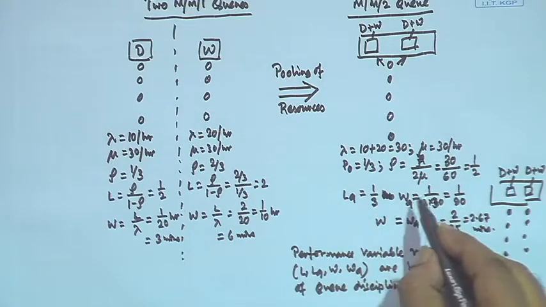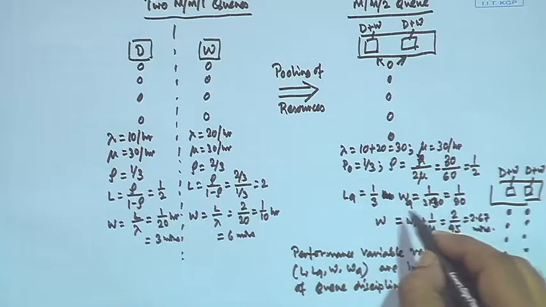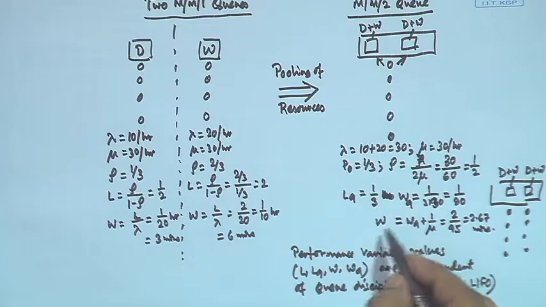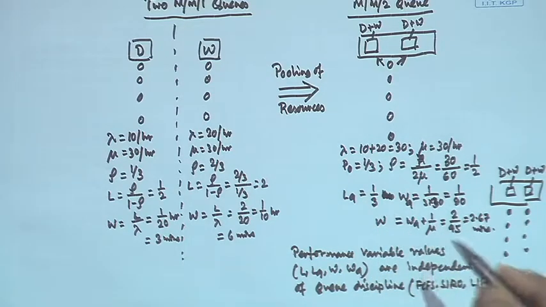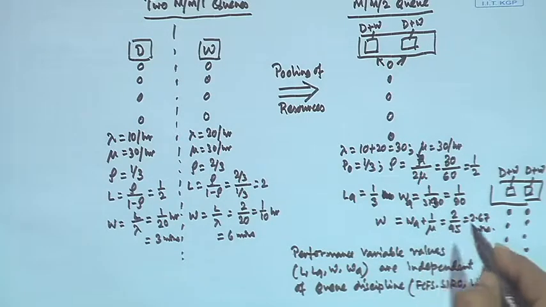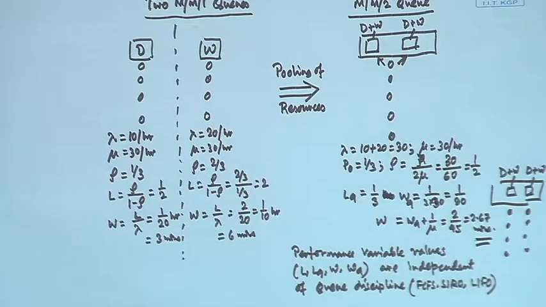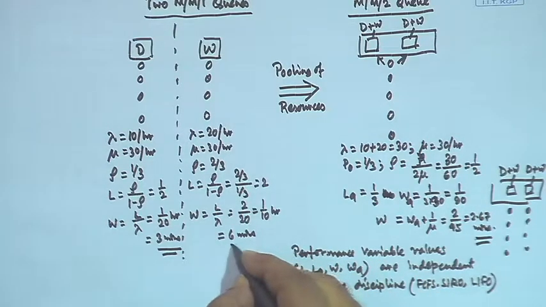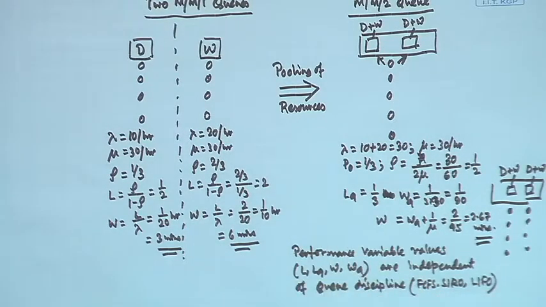From LQ we can find WQ by dividing LQ by lambda. So, we get 1 by 90, and W, that is WQ plus 1 by mu, is 1 by 90 plus 1 by 30, which comes out to be 2 by 45, which is 2.67 minutes. What is really happening is that when the services were separate, one was taking 3 minutes and the other was taking 6 minutes.